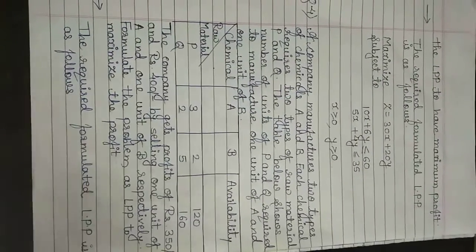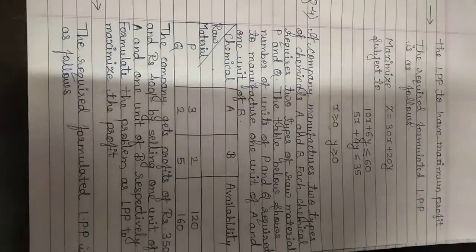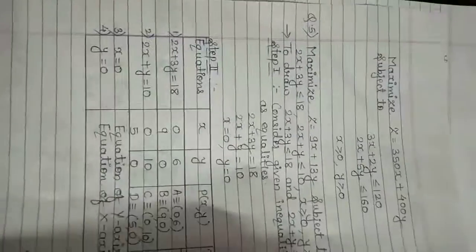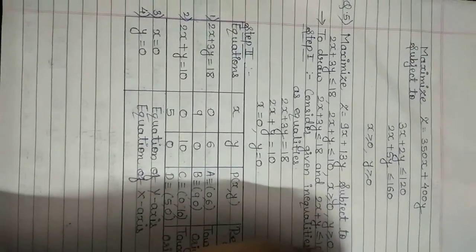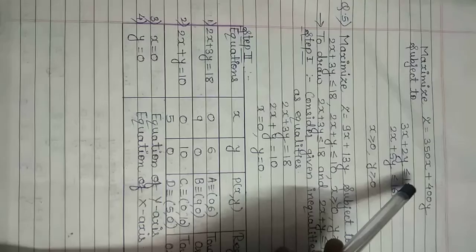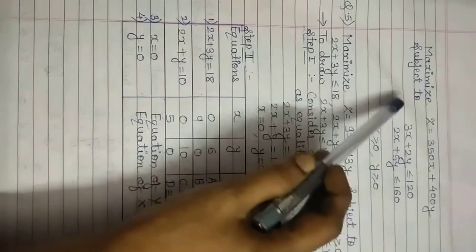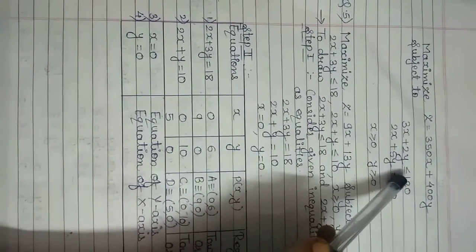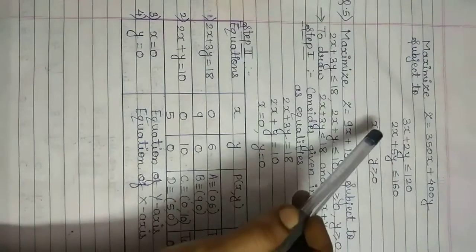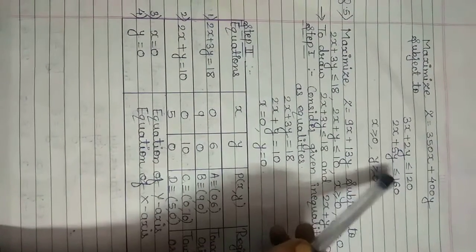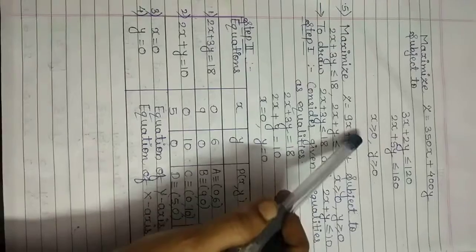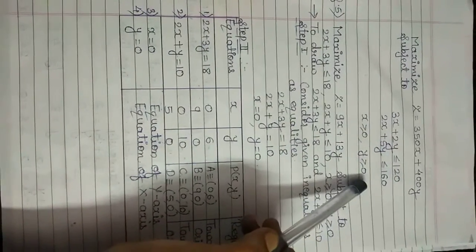So here I have given the direct answer. The required formulated LPP is as follows: maximize Z = 350x + 400y subject to 3x + 2y ≤ 120, 2x + 5y ≤ 160, and x and y ≥ 0.